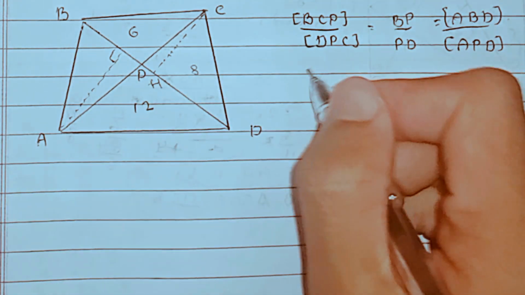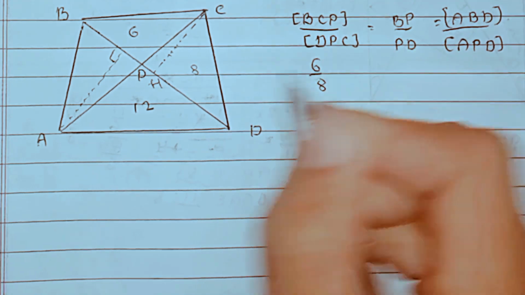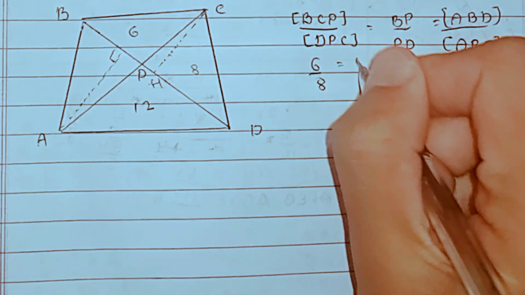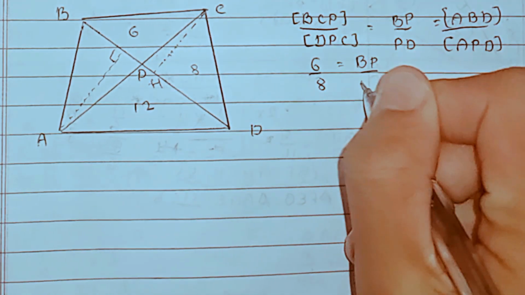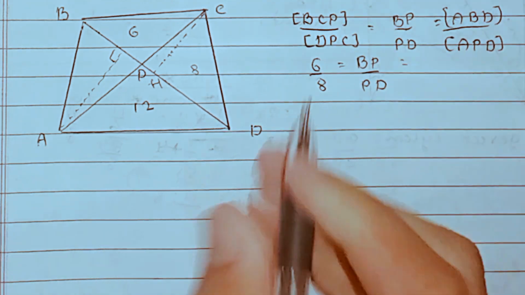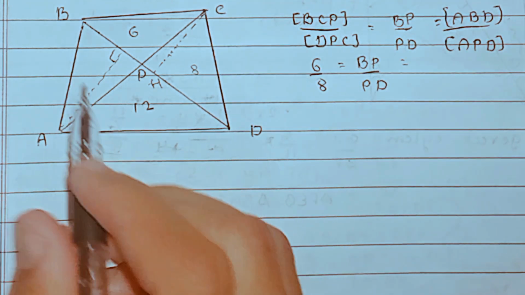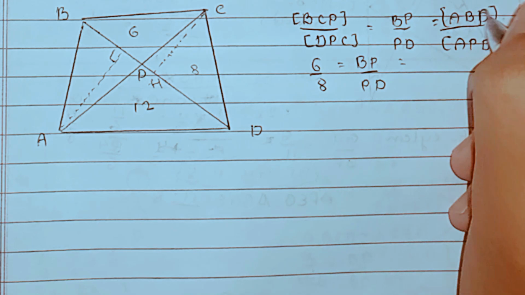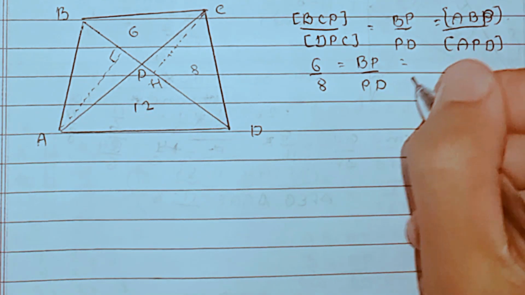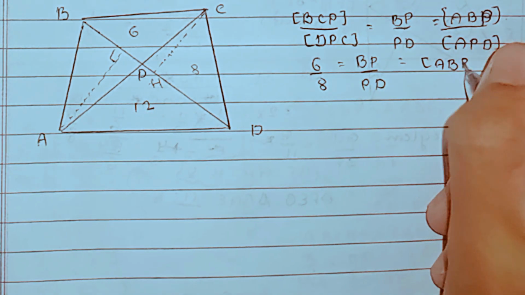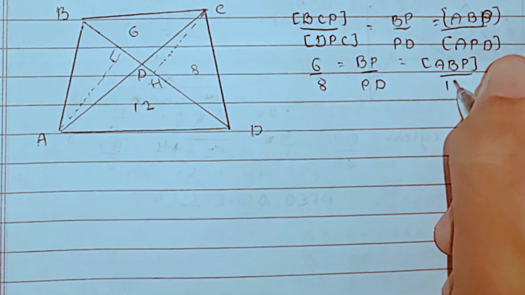BCP is equal to 6 upon 8, DPC equals 8, and we have BP upon PD is equal to ABP, which is not given, upon APD, which is equal to 12.